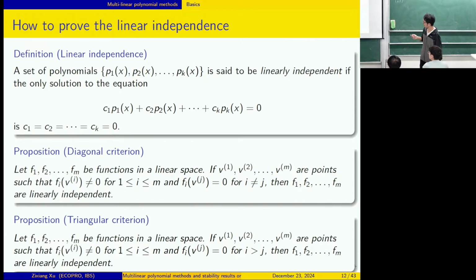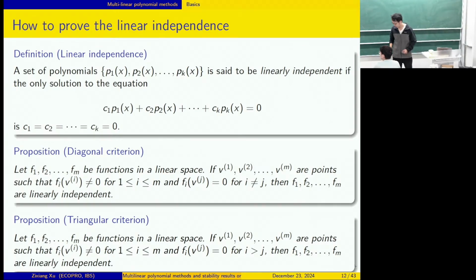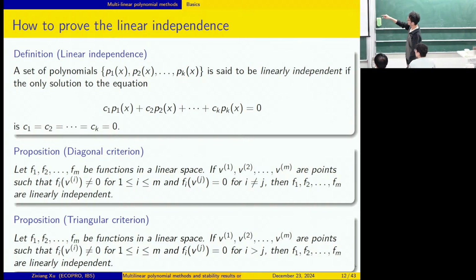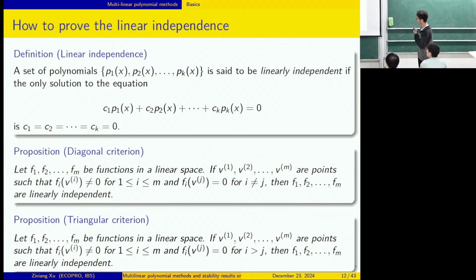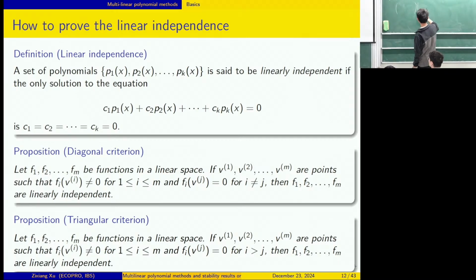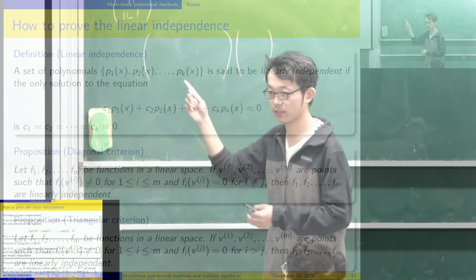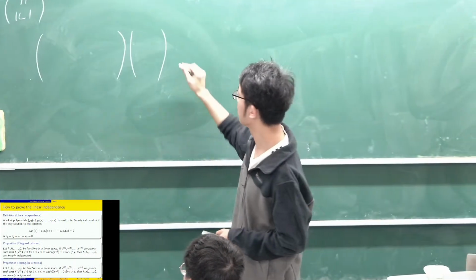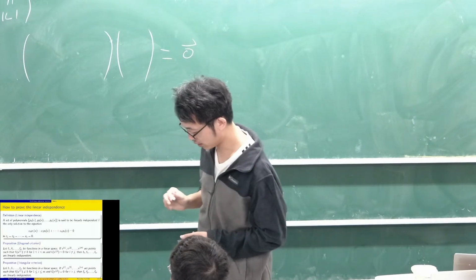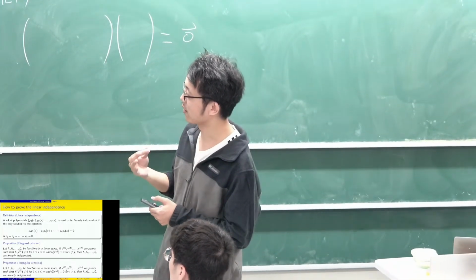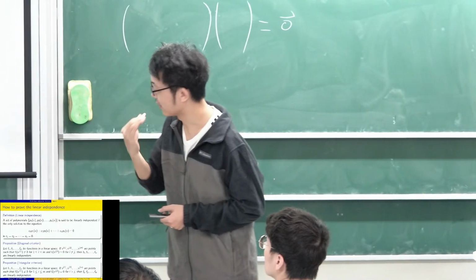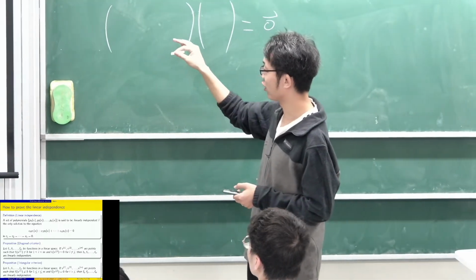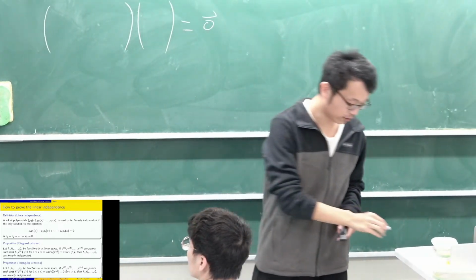And okay, so usually we just evaluate, or assign the same number. For example, we assign k numbers to the variables, and you will obtain a coefficient matrix, and it suffices to show that the coefficient matrix is not singular.